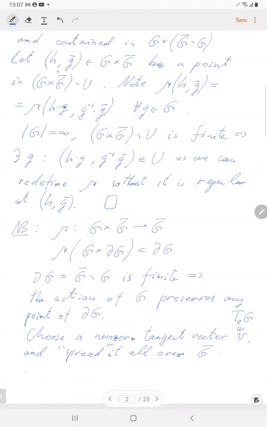We have this multiplication morphism from G times G bar to G bar, and now we restrict to just the identity element E times G bar to G bar, and take the differential d of this map.